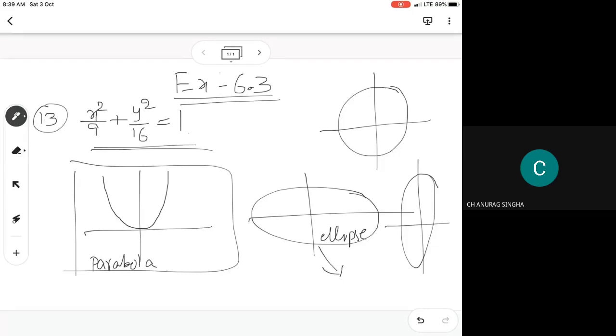The question is to find the points on this curve at which the tangents are parallel to the x-axis. If you draw a tangent here parallel to the x-axis, and another tangent here, you are going to get 2 points.